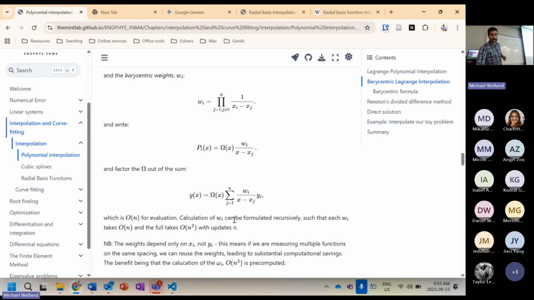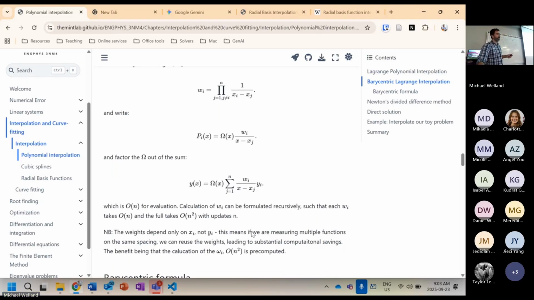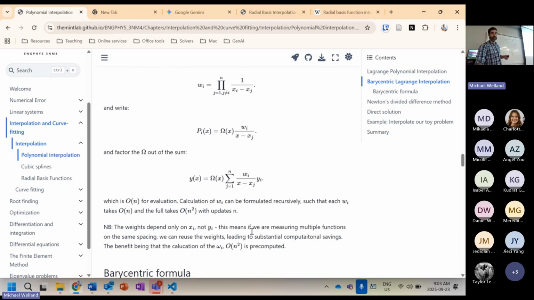Calculation of these weights can be done recursively so that each one takes order n, in which case it takes order n squared to update. If you have another n on top of that, it only takes that. Note that these weights only depend on your x values, not your y values. Your y values only come in right at the end when you're constructing this thing.